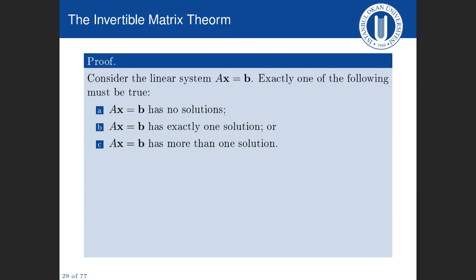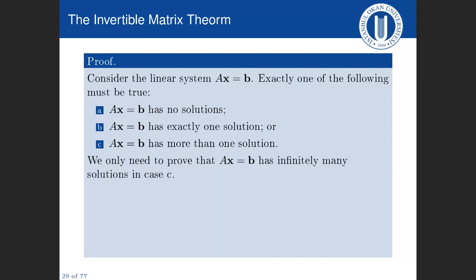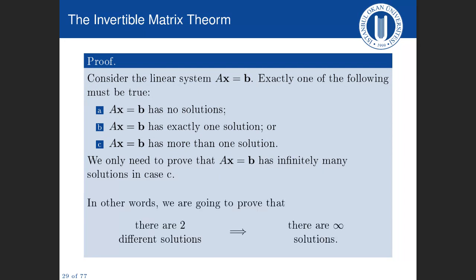Either there's no solutions, or there's one solution, or there's more than one solution. We need to prove that if we're in case C, then AX equal to B has infinitely many solutions. So in other words, we need to prove that if there are two different solutions, then there must be infinitely many solutions.